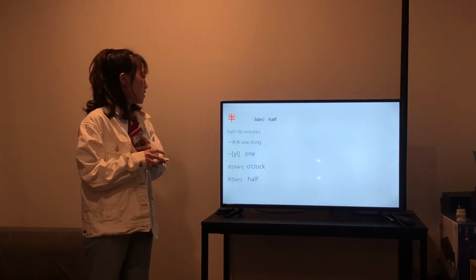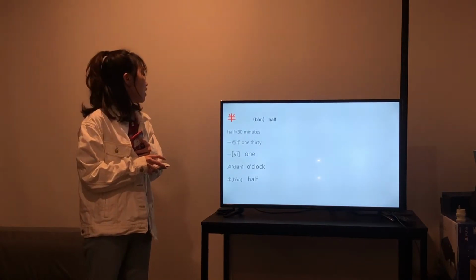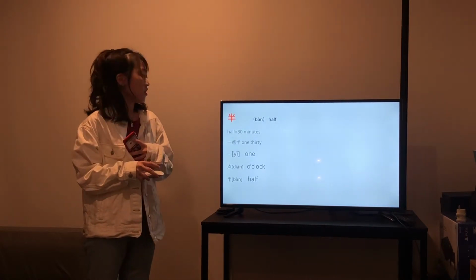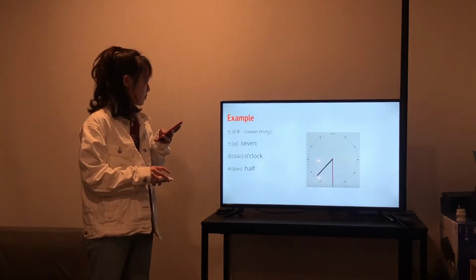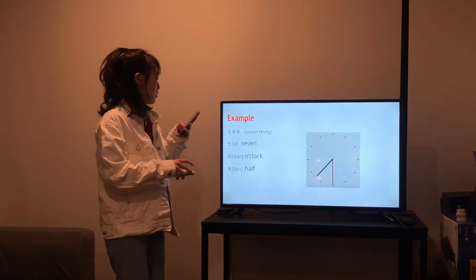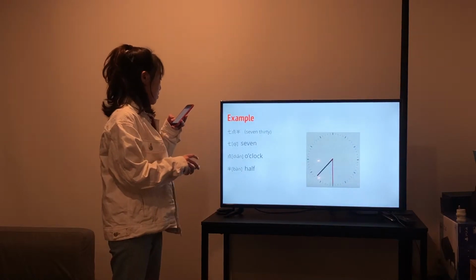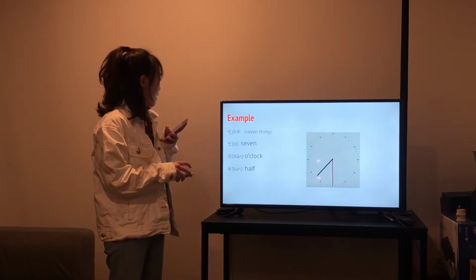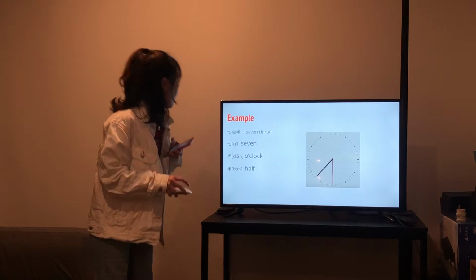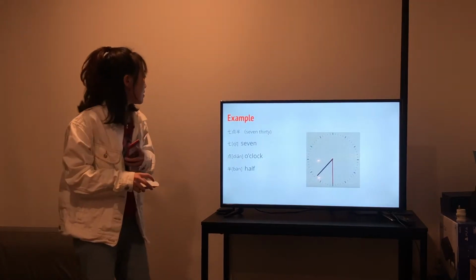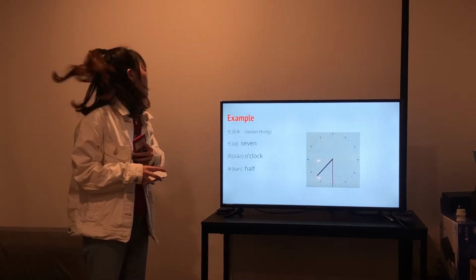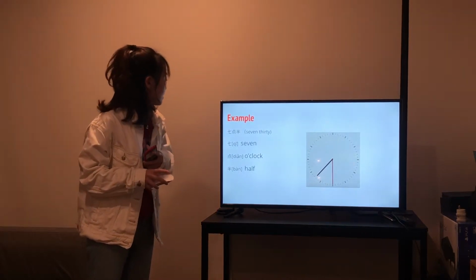So 1点半 means 1:30. Now, a simple example: 7点半 is 7:30.